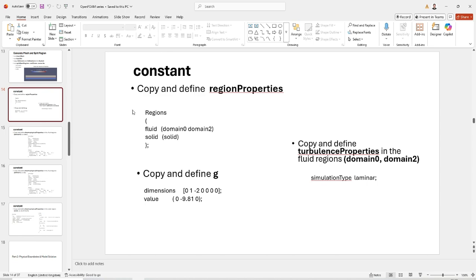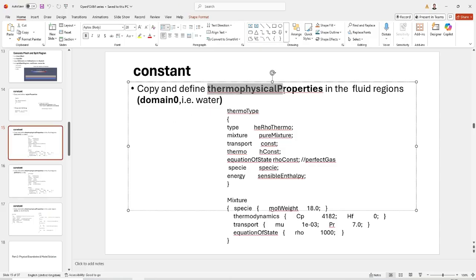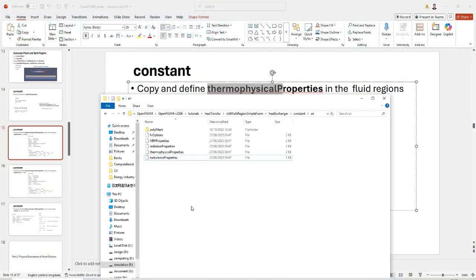And remember, we not only think about the fluid flow properties, but we also think about the thermal properties, right? So now we need to define the thermal properties for both fluid domains and the solid domain. The name for this is thermophysical properties. Again, we go back here and we will see the thermal properties for air.